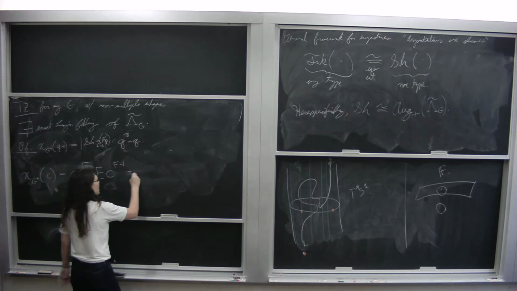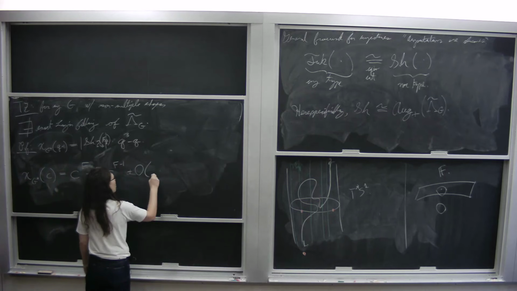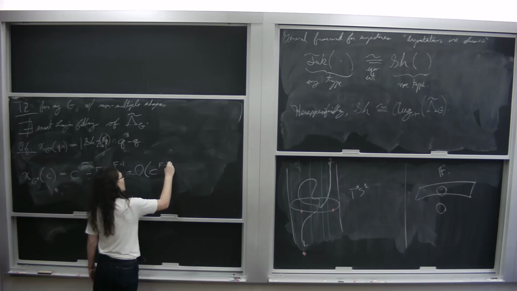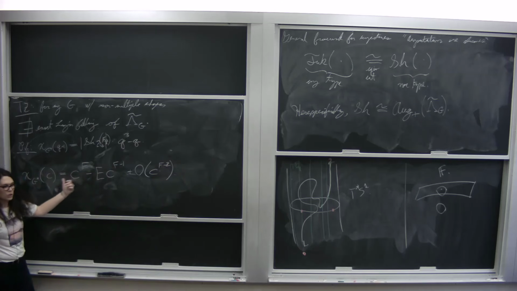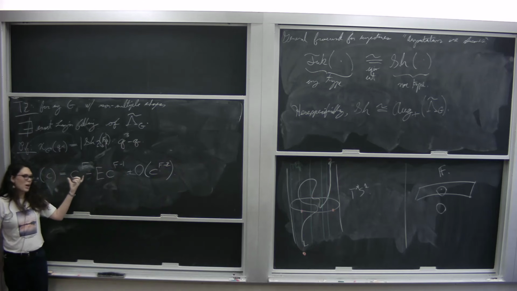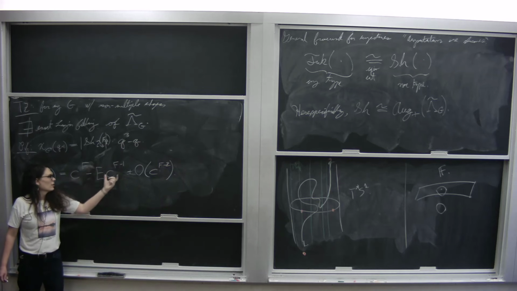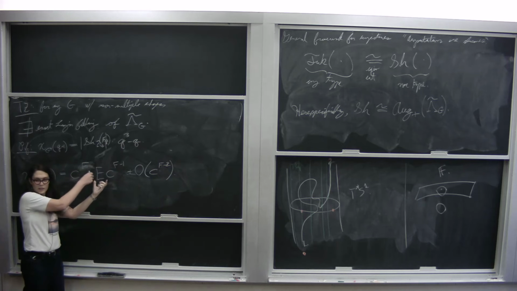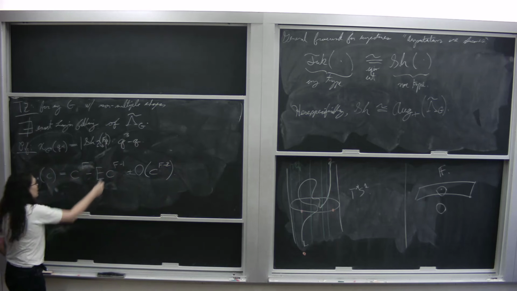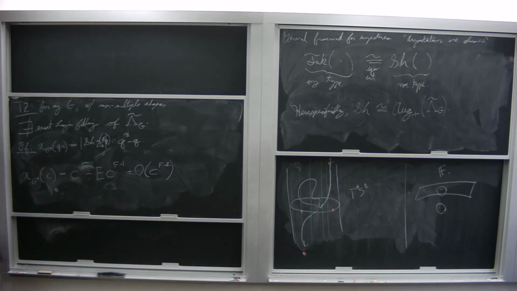And then we're going to have plus something that's O of C to the F minus 2. This isn't too hard to show. Basically, if you want to get a coloring, there's just all possible colorings with no adjacencies. These are all the colorings which have a specified overlap, like one for each edge.